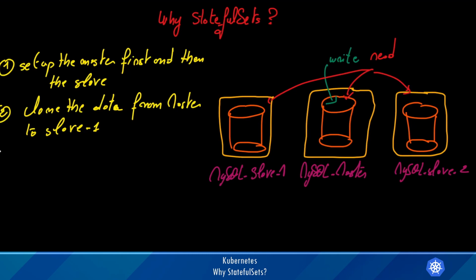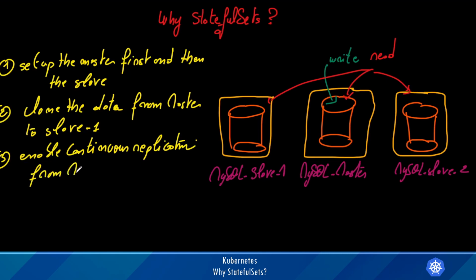After that, we have to enable continuous replication from master to slave 1.